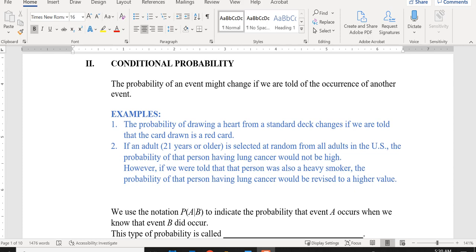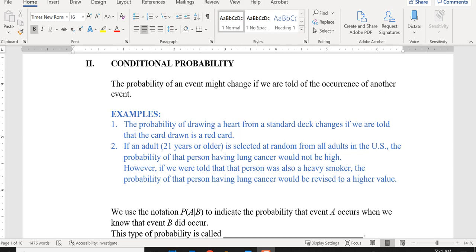So let's talk about conditional probability. The probability of an event might change if we are told of the occurrence of another event. So a couple of examples. The probability of drawing a heart from a standard deck of cards changes if we are told that the card drawn is a red card.